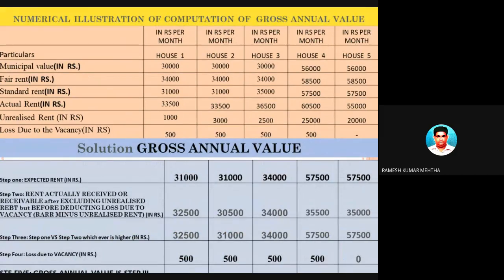gross annual value of the house property, and the steps are: step 1 is you have to find out the expected value. Step 2, we have to find out rent received or receivable minus unrealized rent before deducting vacancy rent. Step 3, you have to compare step 1 with step 2, and whichever is highest, that is the answer to step 3.